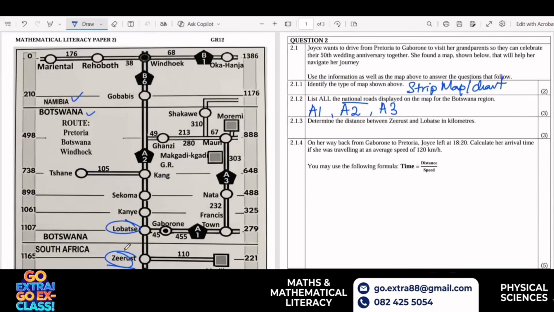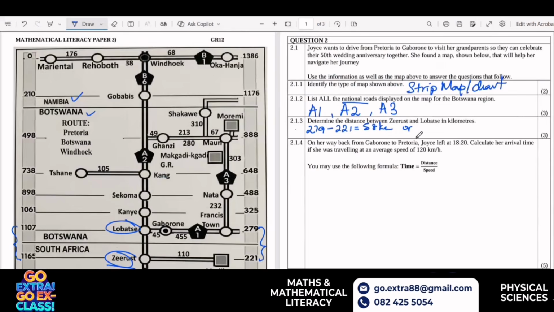So now here is Zeerust, here is Lobotswe, and they say calculate the distance between these two points. You're going to use either the difference between these two on the left, or the difference between these two on the right. It's any of these two, they must give you the correct answer. So number one, to calculate the distance here, you can say 279 minus 221, and this is supposed to give you 58 kilometers.